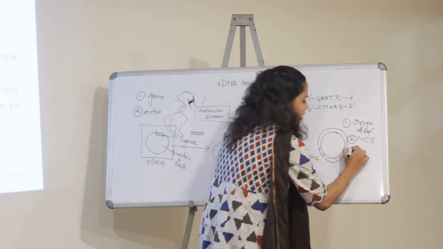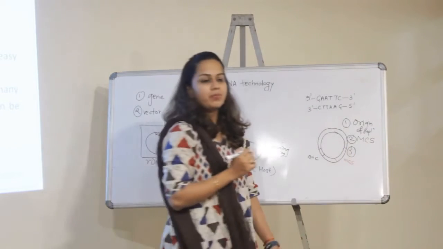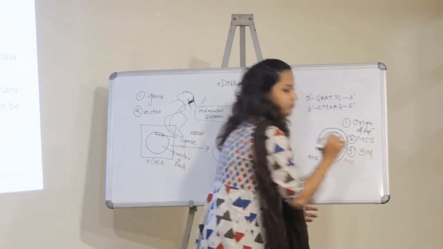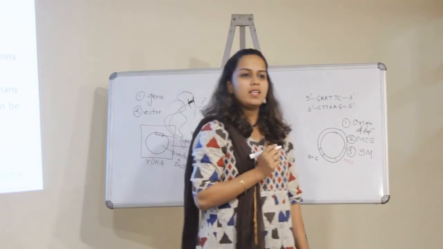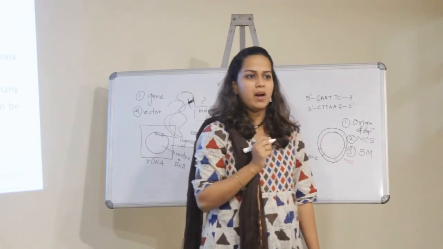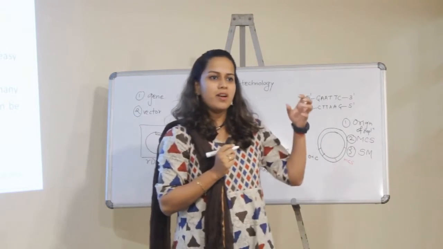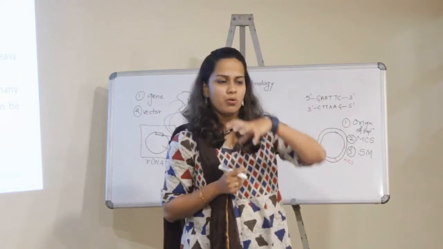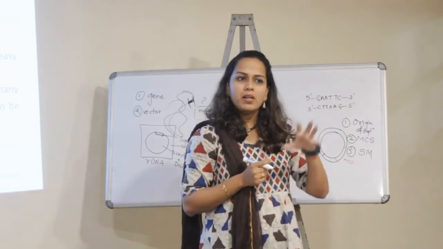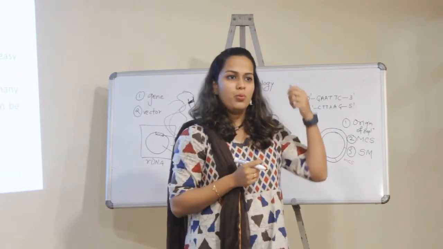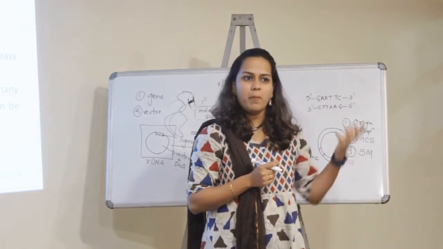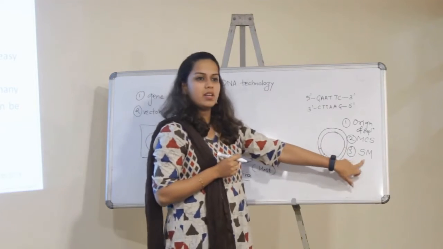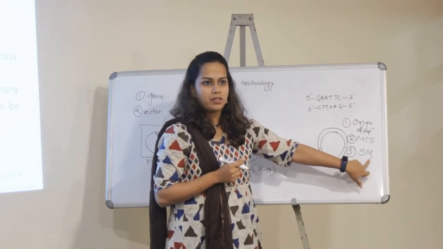Okay, third important feature is it should have one selective marker. What is the importance of a selective marker? Once you have put your recombinant DNA into your host, you should be able to select the cells which contain the recombinant DNA, and that is done with the help of a selectable marker.